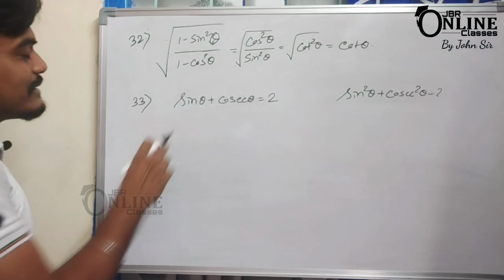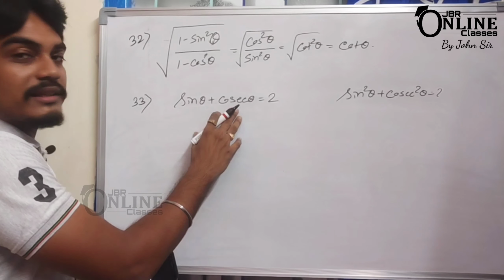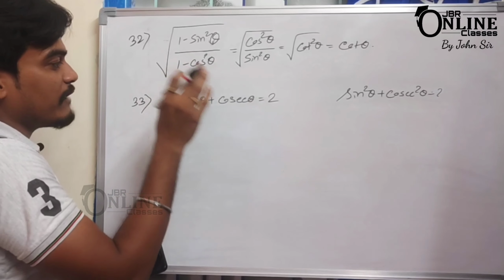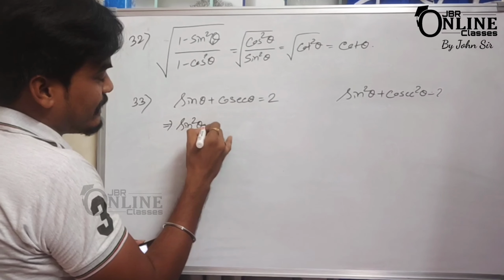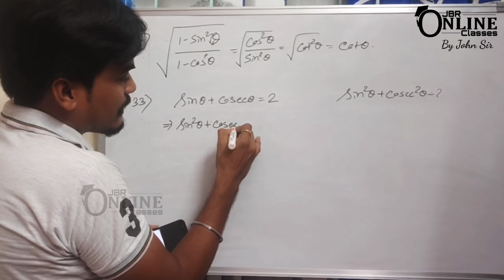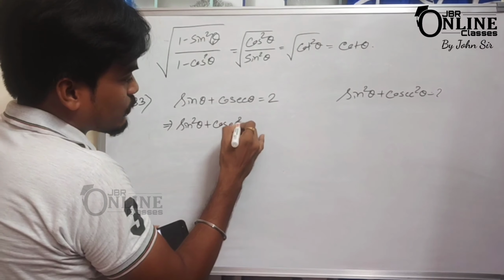Okay, so as you are given that sin theta plus cosec theta equals 2, first we have to square both sides. So if you square both sides, then it will be sin square theta, then cosec square theta, then 2 sin theta cosec theta. That means a square plus b square plus 2ab, and that equals 4, since 2 square means 4.